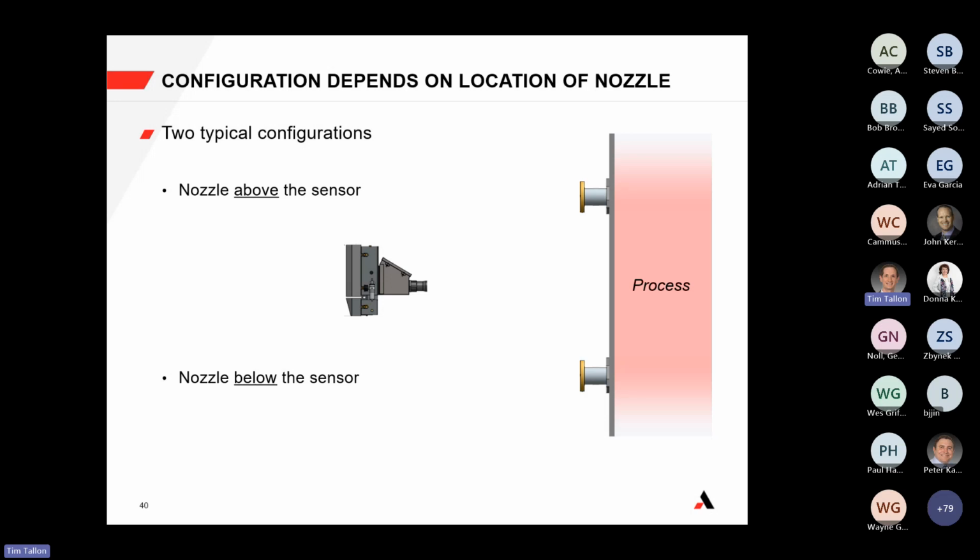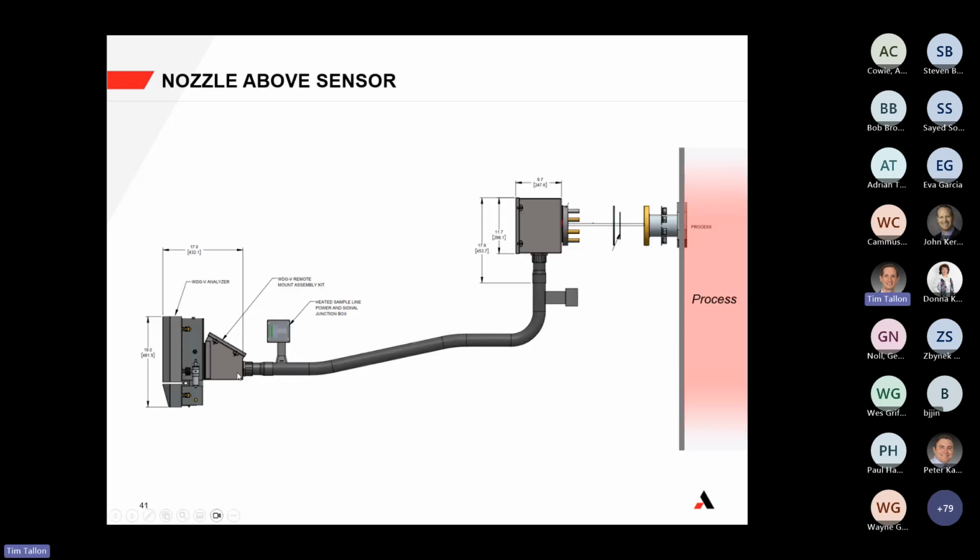Now, it may seem like a funny question, but it actually has some implication into how the remote mounted system is designed. For example, if the nozzle is above the sensor, we'd be more inclined to have the boot at the back of the sensor attachment go right straight out, so the heated sample line could have the most flush and least amount of curves before getting to the process flange. Okay, well, that's one thing.